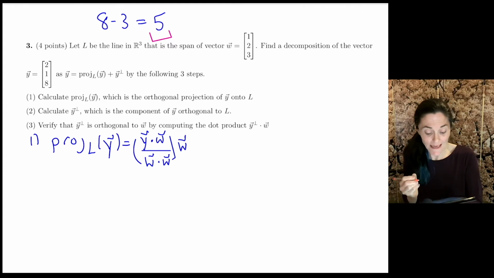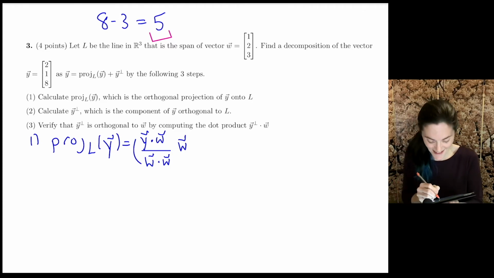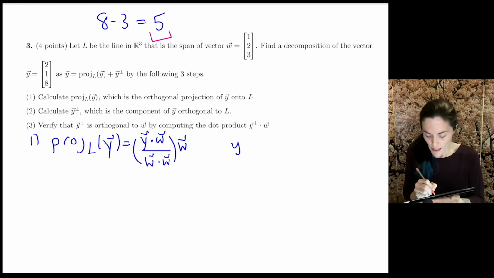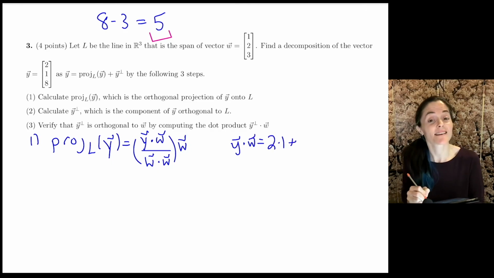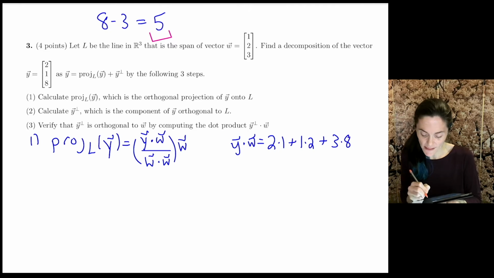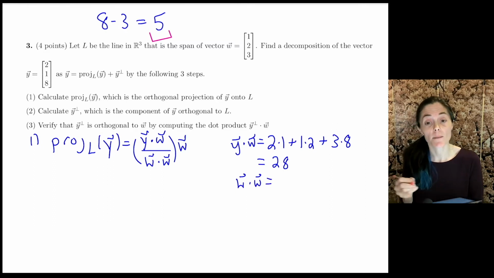So what we really need here is to compute 2 dot products, and then that will be what we put in front of vector W as the coefficient. Okay, Y dot W. Well, we have 1 times 2 plus 1 times 2 plus 3 times 8. Altogether, this is what? 24 and 4, we get 28. And W dot W, now I'm dotting W with itself.